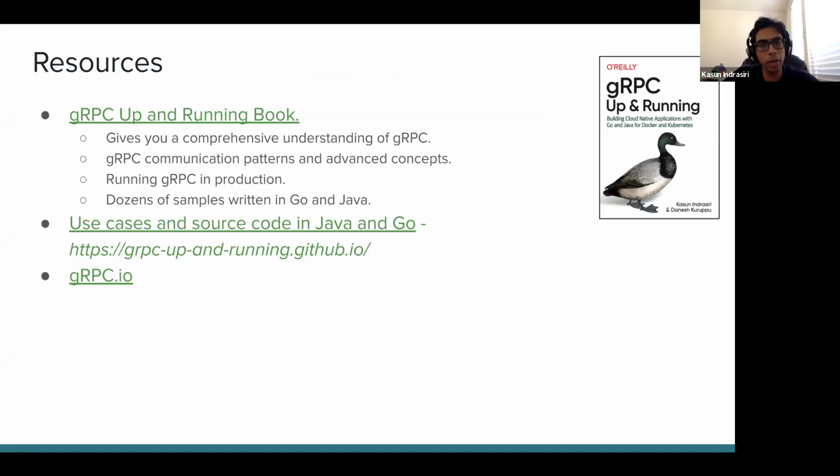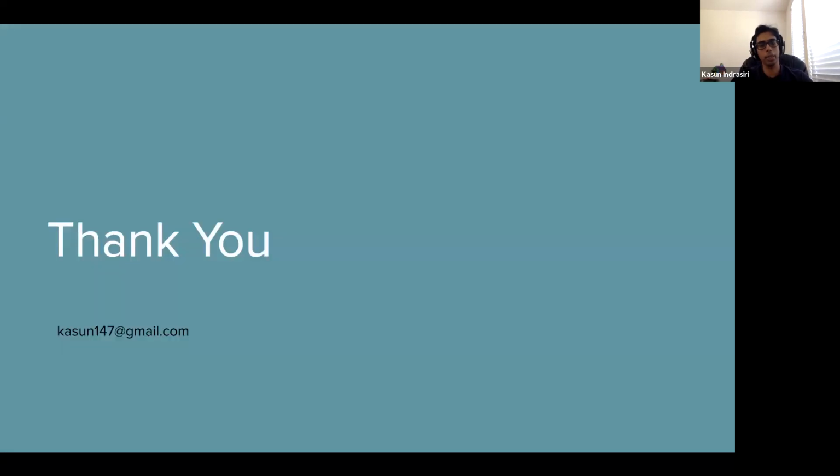And in the book, we have multiple other scenarios like advanced gRPC communication patterns, how to use these in production, best practices, as well as different observability tools available for gRPC. So feel free to check it out, and if you have any questions, feel free to drop us a note in the meetup, or feel free to email me as well.